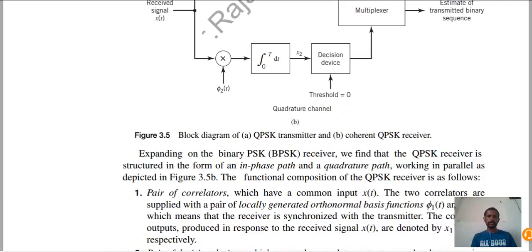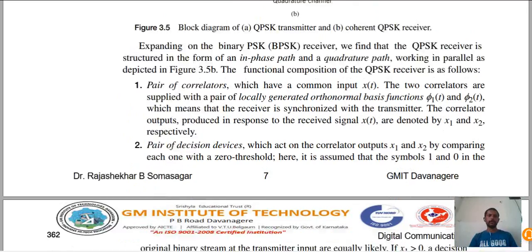Expanding that, whatever we have is the functional composition: there is a pair of correlators with a common input x of t, which are multiplied by phi 1 of t and phi 2 of t, as already discussed in the block diagram. Here we have also used a pair of decision devices, which act on the correlator outputs x1 and x2 by comparing with the 0 threshold.